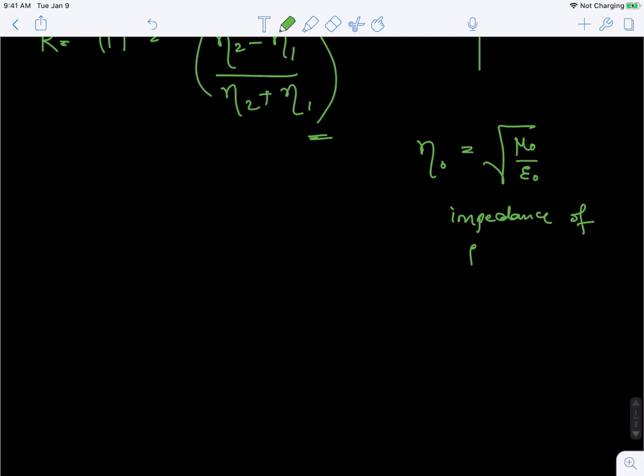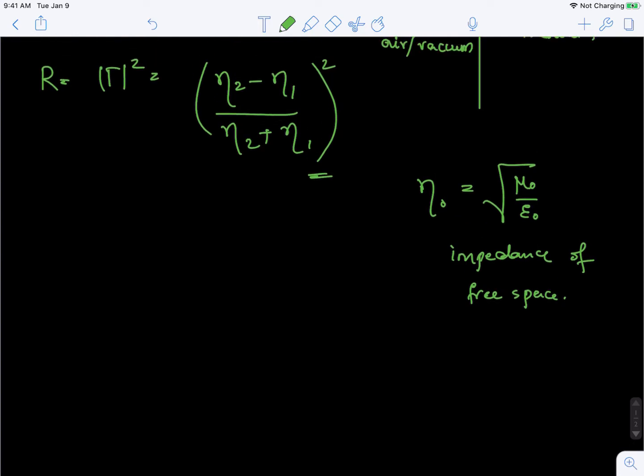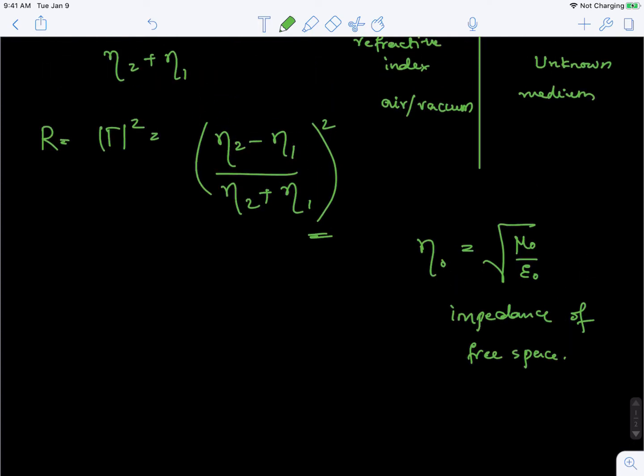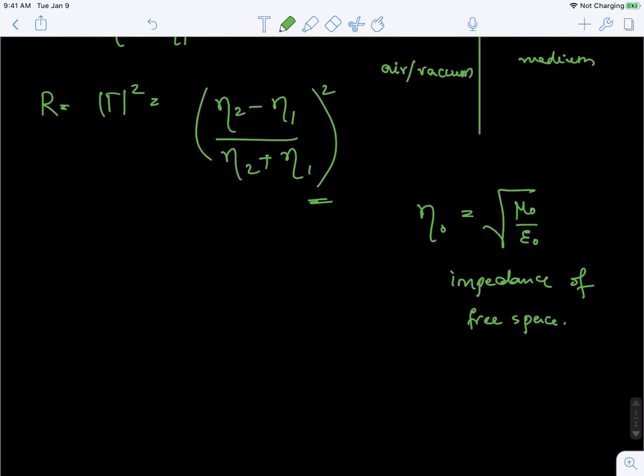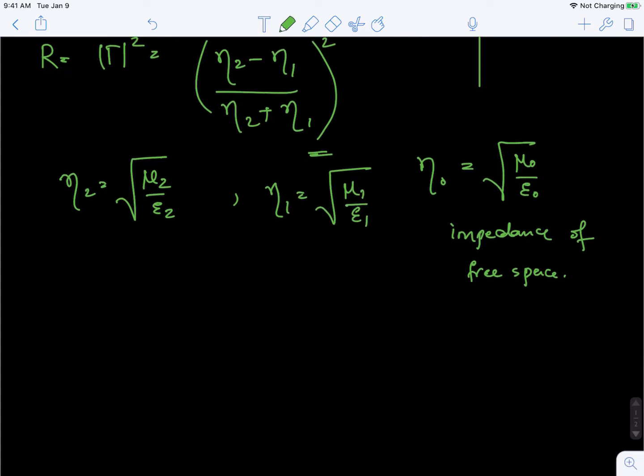We know this. How do we find the refractive index from this? So let's start making the substitution. Eta 2 is equal to square root of mu 2 by epsilon 2. Eta 1 is equal to square root of mu 1 by epsilon 1.